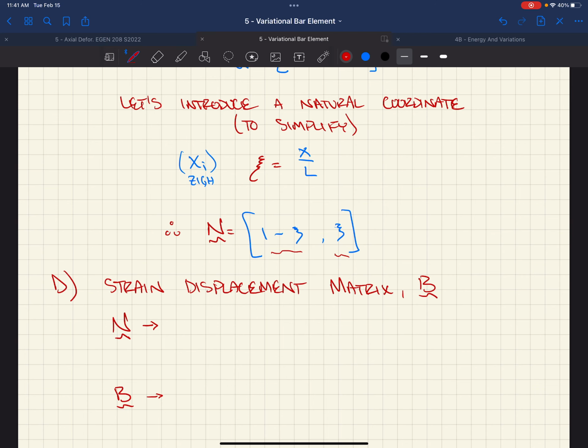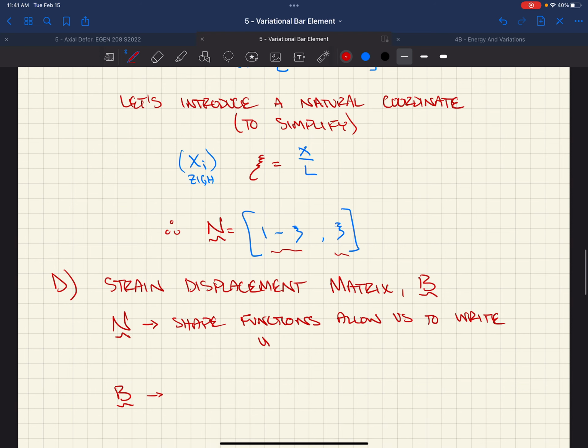And so our N matrix, or our shape functions, really allow us to write our displacement as a function of our two known nodal values.